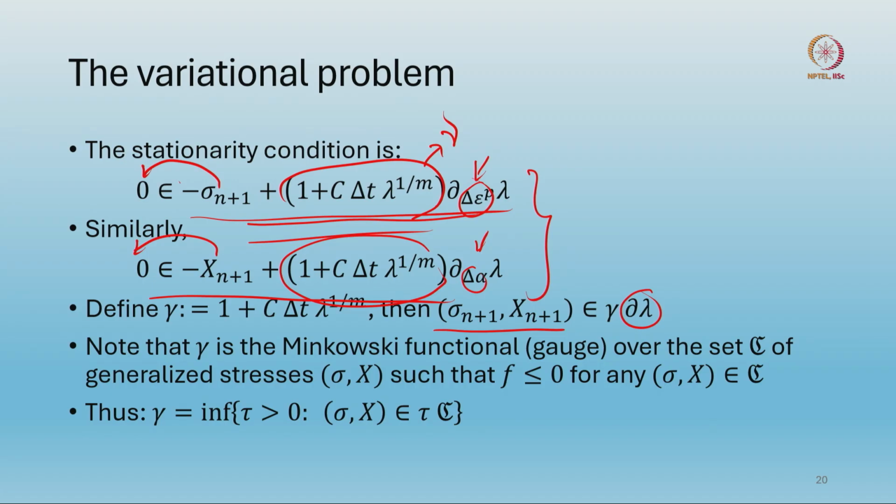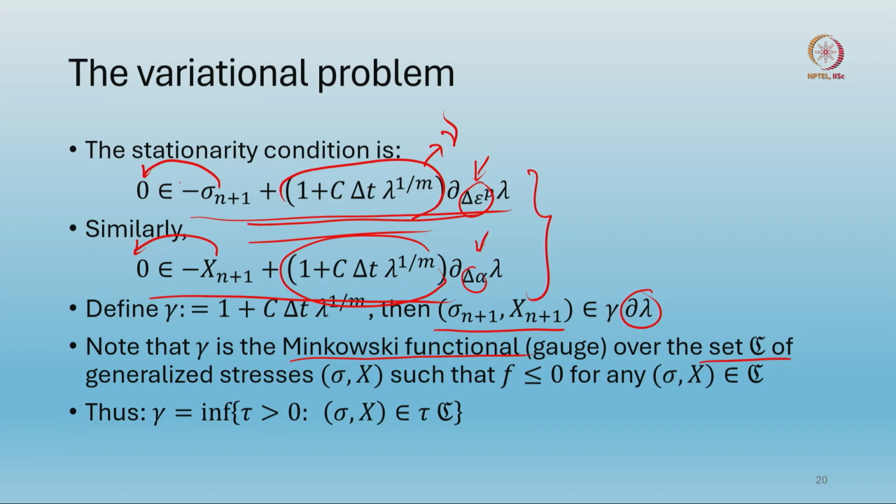Okay. Now recall our discussion about 2 lectures ago. We discussed that gamma here has the same structure. This gamma we have been discussing as this Minkowski functional or gauge, right. If you take all the thermodynamic forces and take the norm properly, you get a Minkowski type functional gauge over the set C, script C, of all generalized stresses.